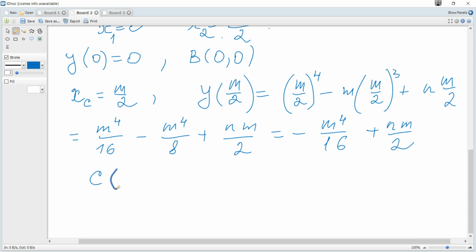So coordinates of C become m over 2 and negative m to the power 4 over 16 plus nm over 2.